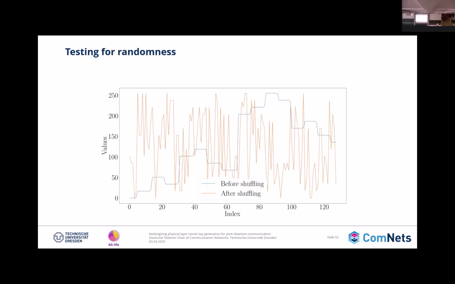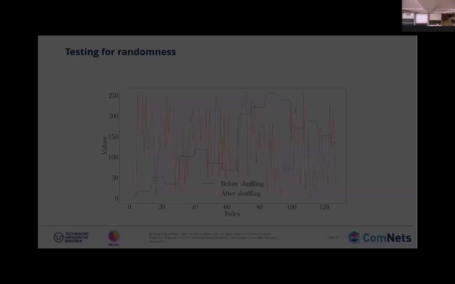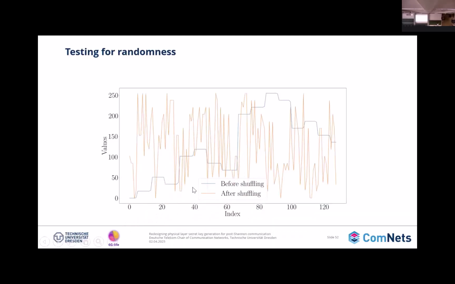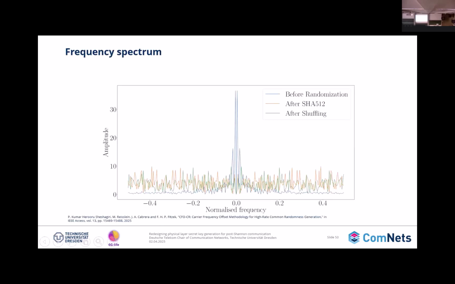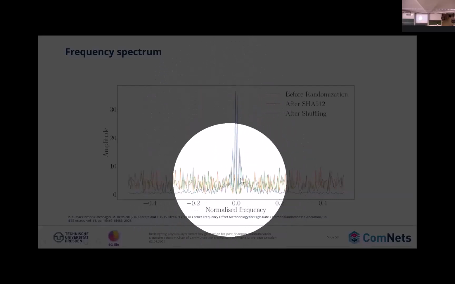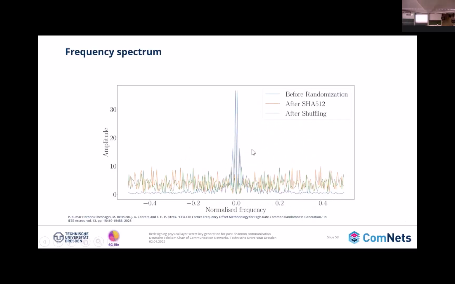Before shuffling, we noticed several low frequency characteristics, and after shuffling, several high frequency characteristics. When we plotted the DFT frequency spectrum, we noticed that the energy was more concentrated on the low frequency part before randomization, and after shuffling, the frequency distribution was much more uniform.